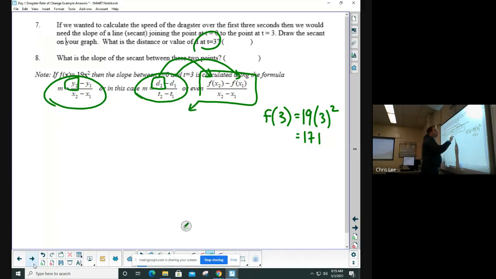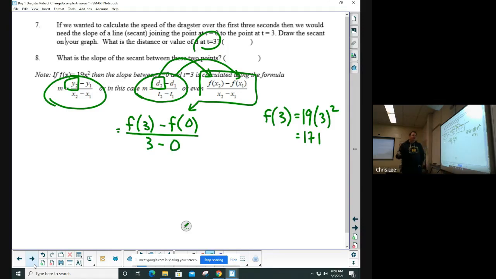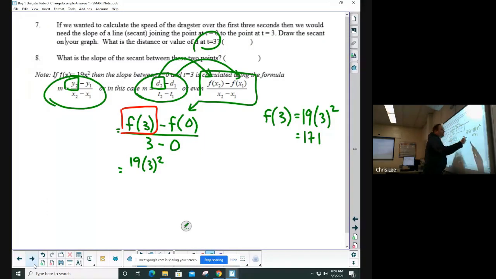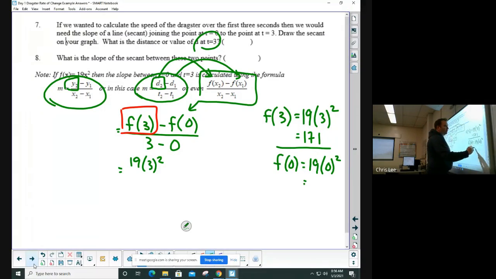Okay? But I am going to use this one here. So f at 3 minus f at 0, because we're going from 0 to 3, over the change in time, which is 3 seconds, because we're at 3 and we started at 0 seconds. Now, if you had a different function, you might do this math all within this formula. So you might do the 19 times 3 squared. And similarly, we had to find the function at the beginning. Of course, at the beginning it's not moving, so there's no distance.